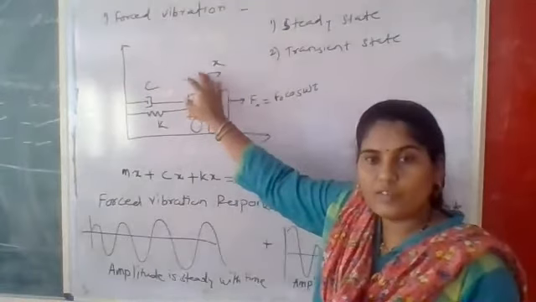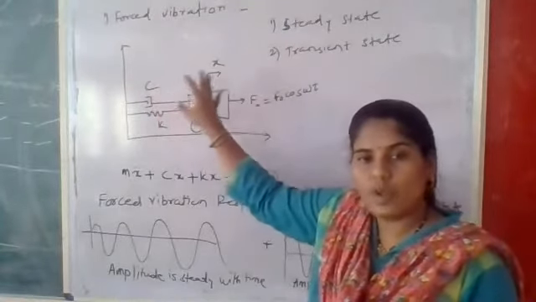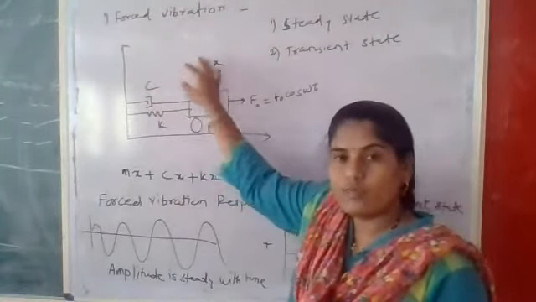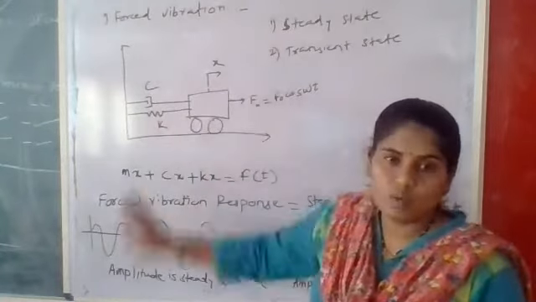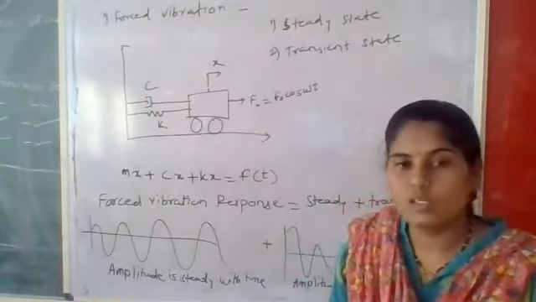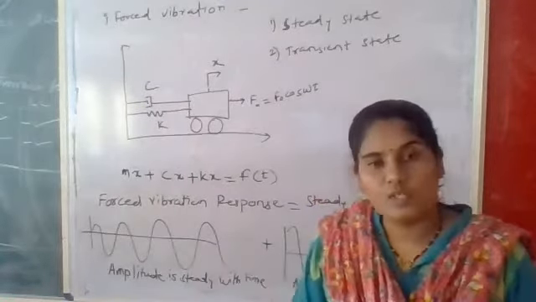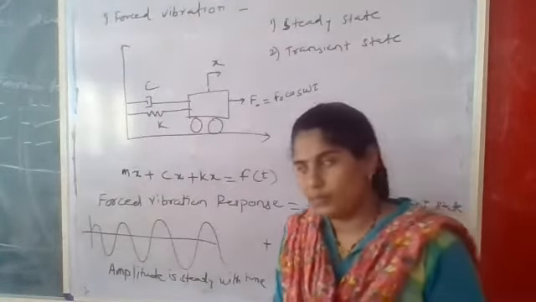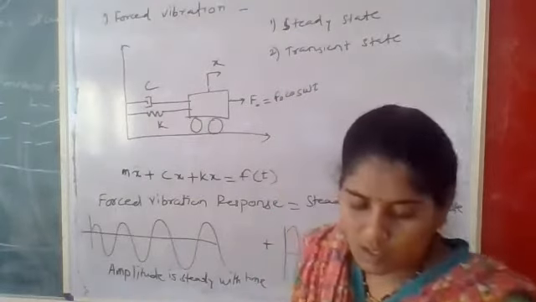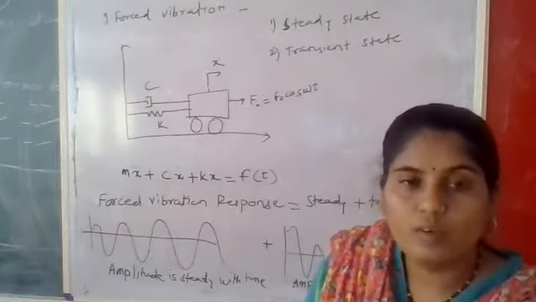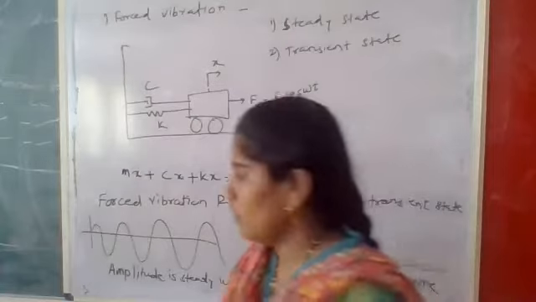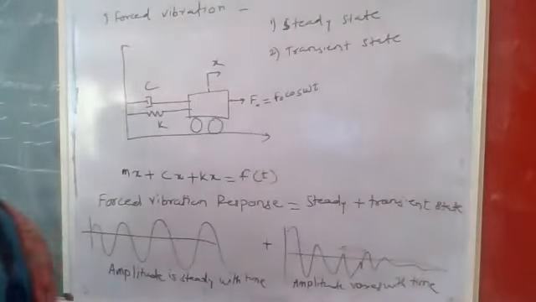Forced vibration of a damped system means C has some value, and forced vibration of an undamped system means C is equal to 0. In these two ways, we have to go for two derivations based on the coefficient of damping, C. So write down the first derivation, that is the undamped forced vibration.